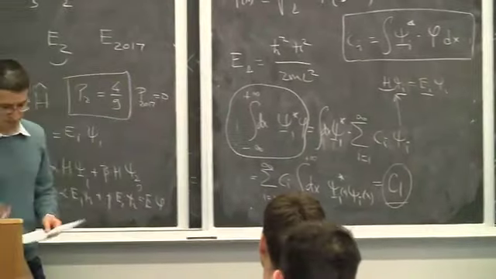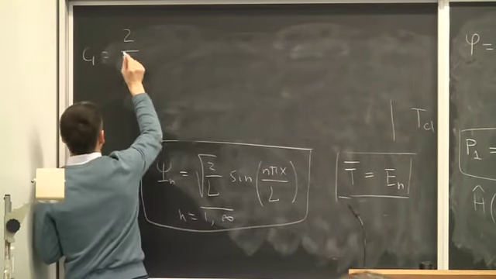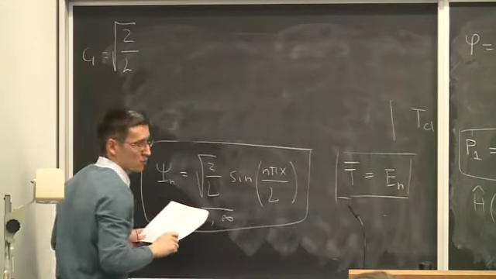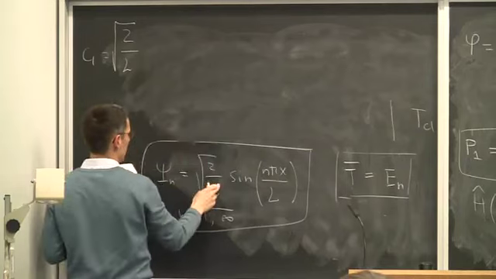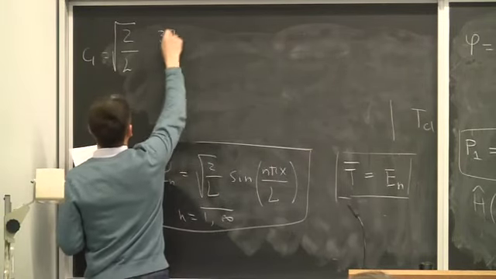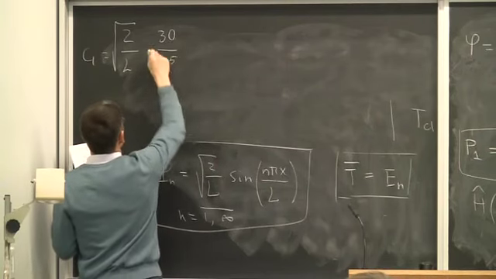And the integral is relatively simple. If we put all the coefficients together outside of the integral, this is the square root of 2 divided by L. That's from our basis functions, right? And the square root of 30 divided by L to the 5th.